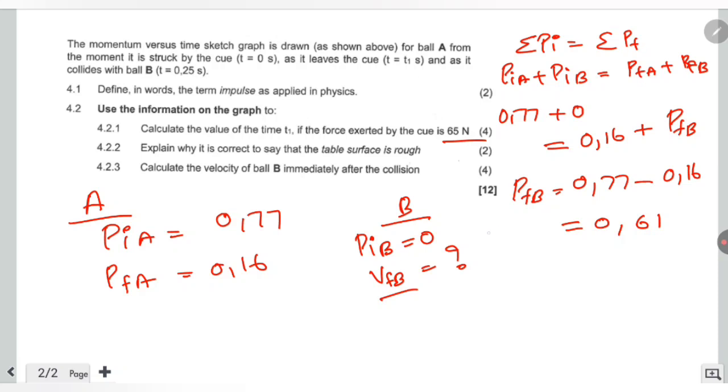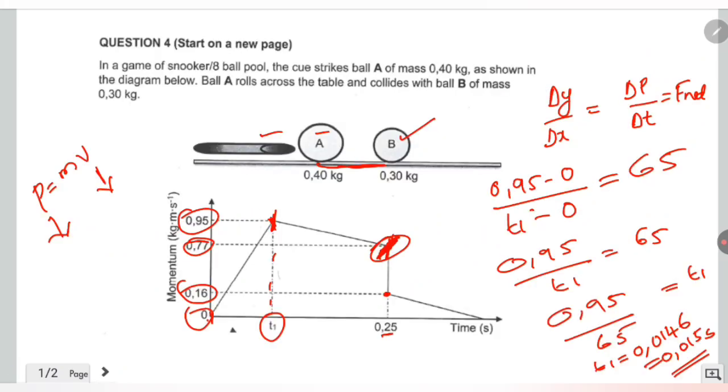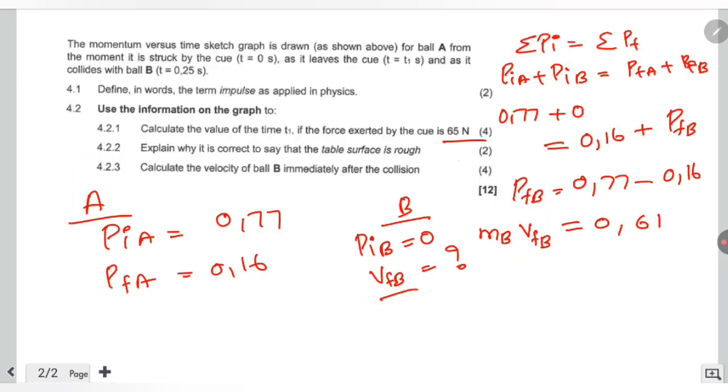Now, what is momentum? Mass of B times final velocity of B is equal to 0,61. What's the mass of B? 0,30. So 0,30 times final velocity of B is equal to 0,61.